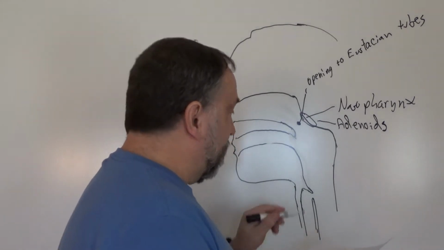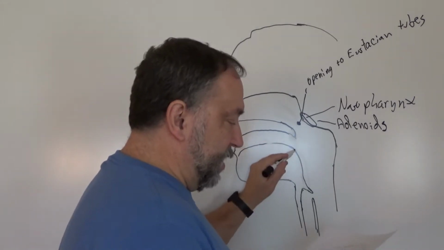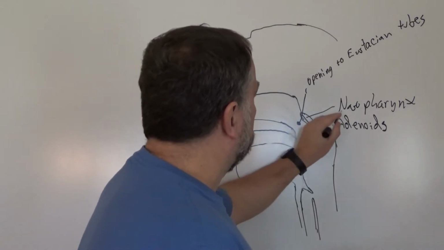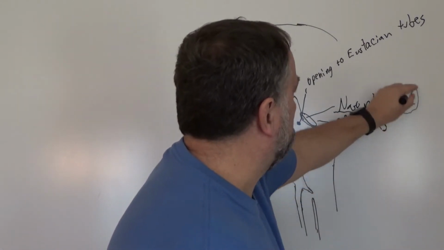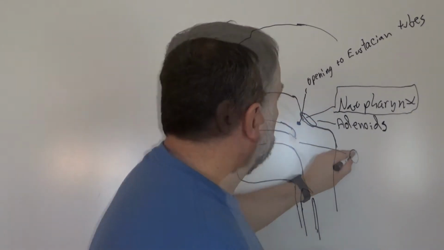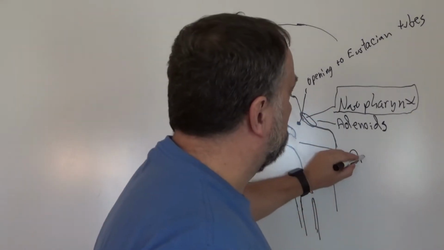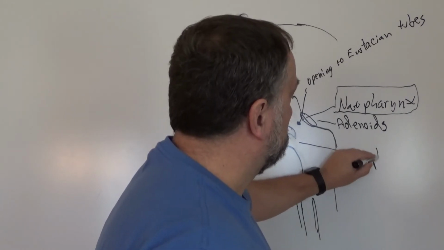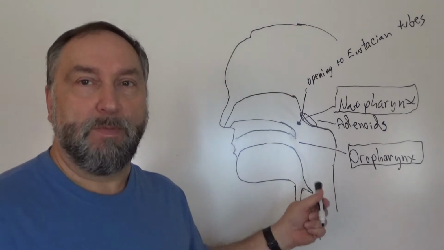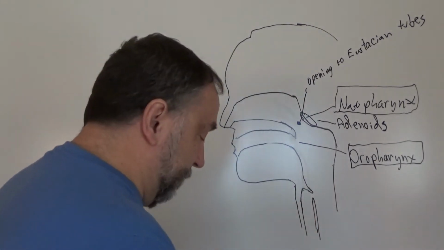But when we're talking about that, we're down into the oropharynx, right? So nasopharynx. Now here we're talking about oropharynx. When you're doing the oral assessment, this is the only part that you can visualize.